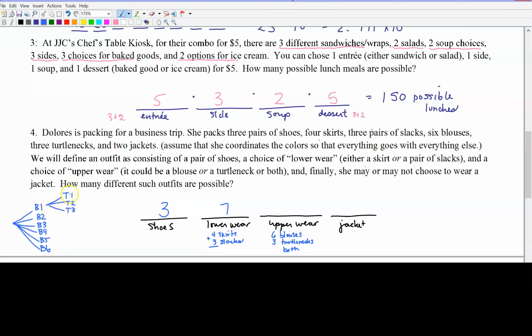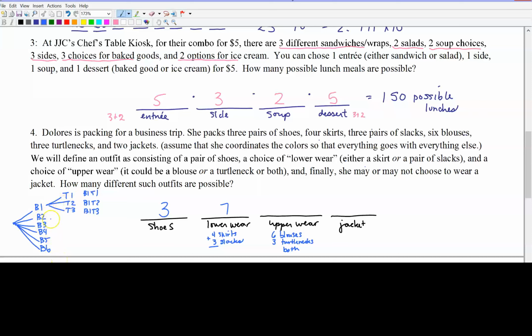We're going to have these turtleneck options for every single one of these blouse options because we're pairing them together. So this would be, for instance, pairing together blouse 1 and turtleneck 1, or blouse 1 and turtleneck 2, or blouse 1 and turtleneck 3. Then how many possible blouse-turtleneck options would I have if I were to expand out this entire tree diagram?